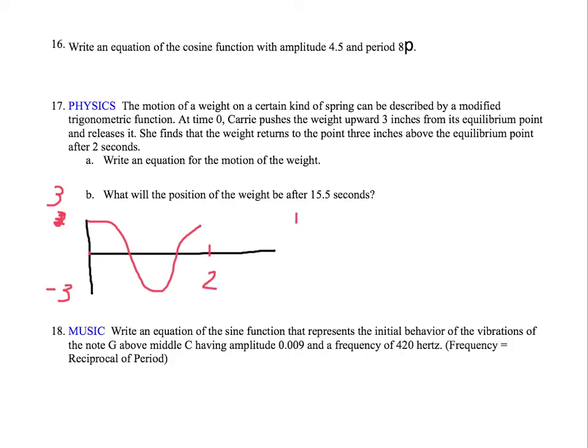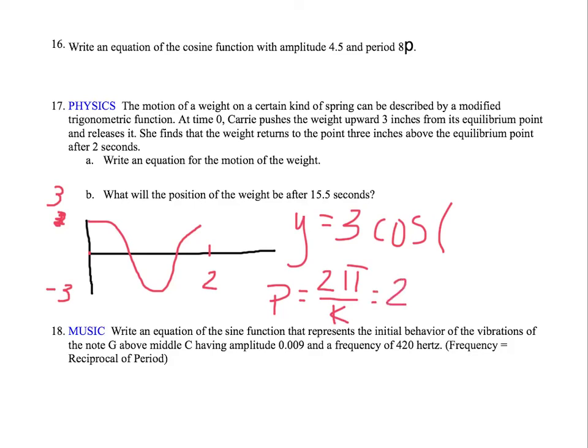So it has a period of 2. It's a cosine graph because it starts up, because she pushed it up. It has an amplitude of 3, and a period of 2, so what does k need to be? Set up a little equation: 2 pi over k equals 2. Multiply by k, divided by 2. K is going to be equal to pi. So there is your equation. To find the position at 15.5 seconds, put that in for x and calculate.